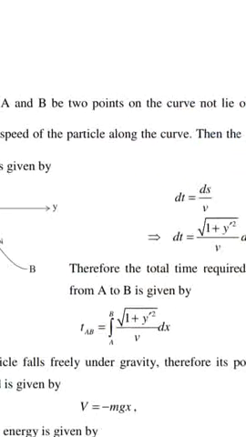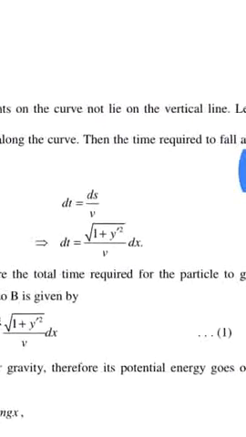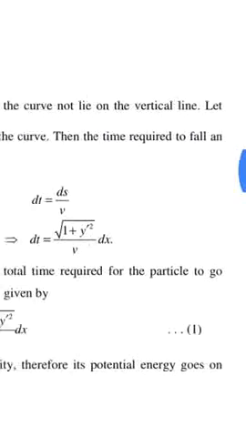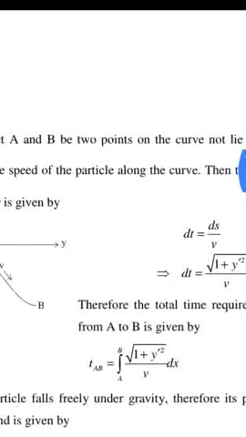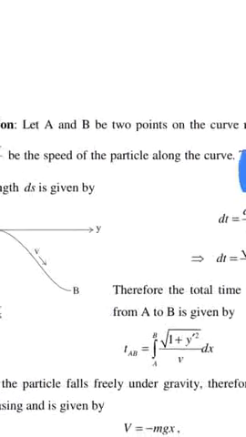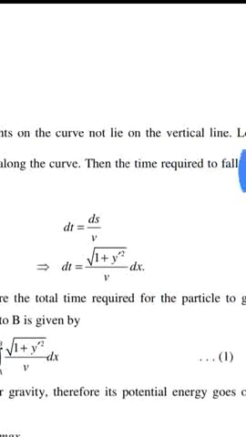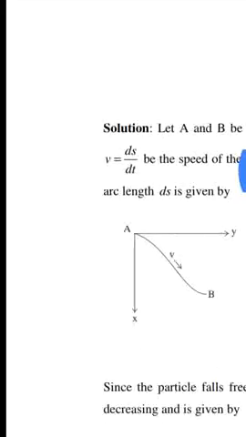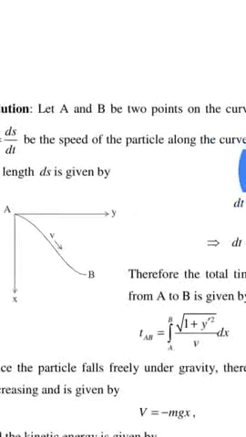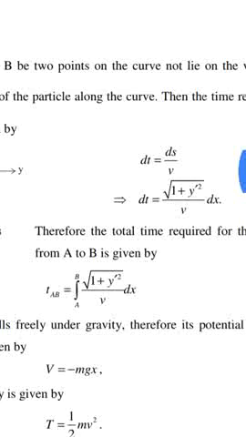Let A and B be 2 points on the curve, not lying on a vertical line. v equal to ds by dt is the speed of the particle along the curve. Then the time required to fall through arc length ds is given by ds equal to v dt.